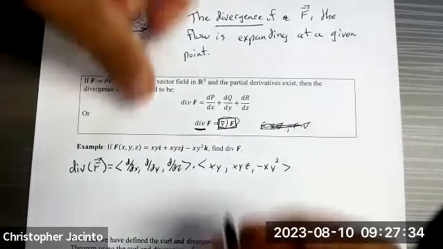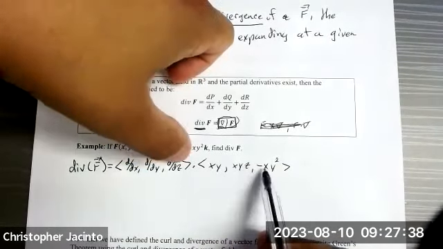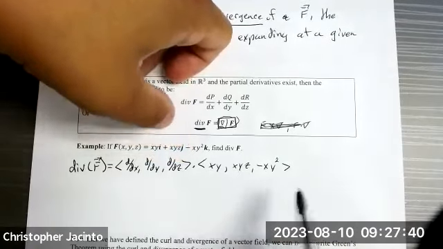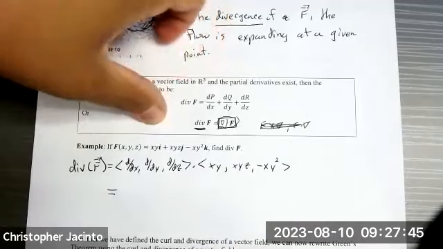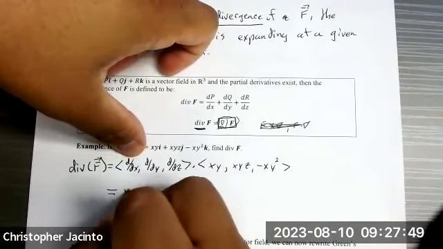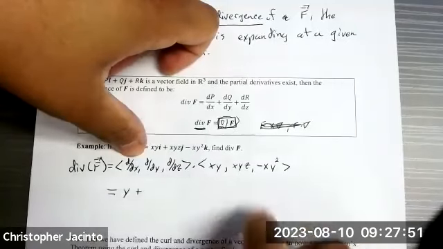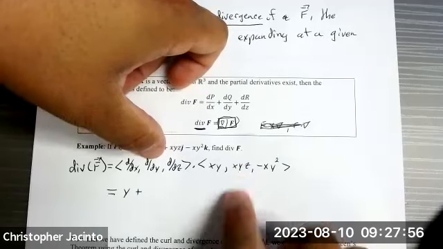And now remember how dot product works: we do this multiplication, that multiplication, and just add them all together. So for example, here we take the derivative with respect to x. We're just going to add the results of each one. This one, we take the derivative with respect to y.